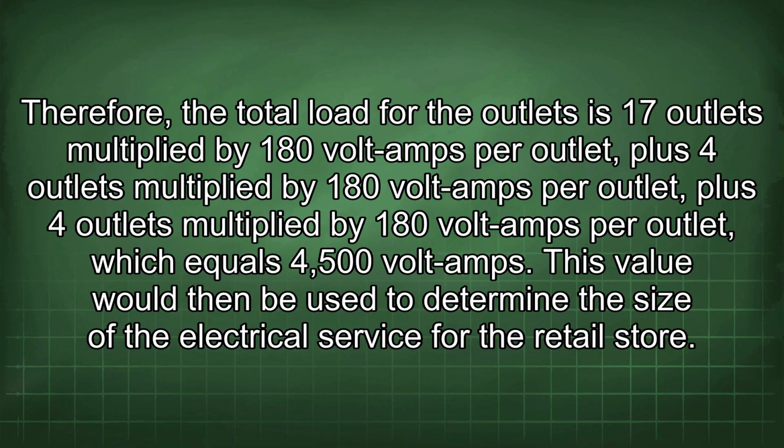Therefore, the total load for the outlets is 17 outlets multiplied by 180 volt amps per outlet, plus 4 outlets multiplied by 180 volt amps per outlet, plus 4 outlets multiplied by 180 volt amps per outlet, which equals 4,500 volt amps. This value would then be used to determine the size of the electrical service for the retail store.